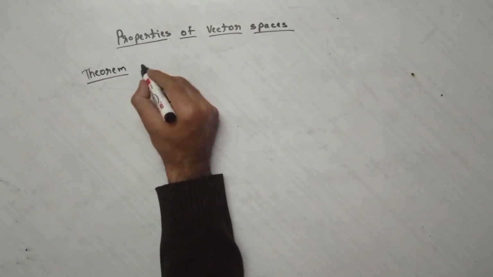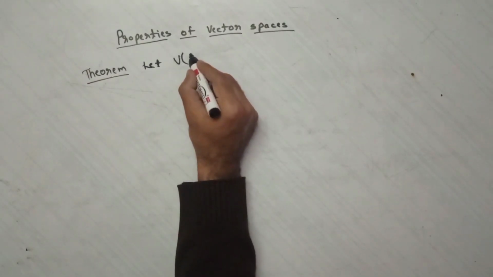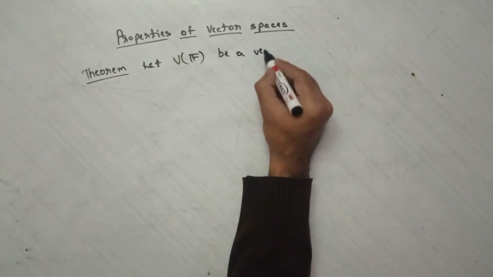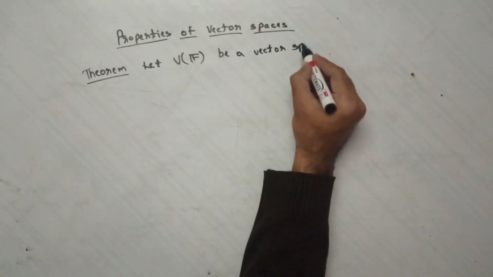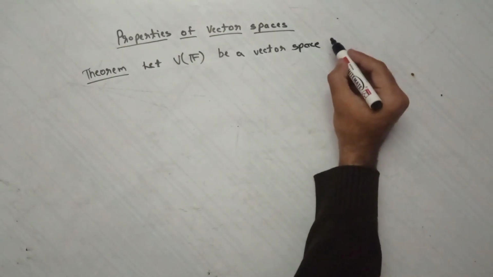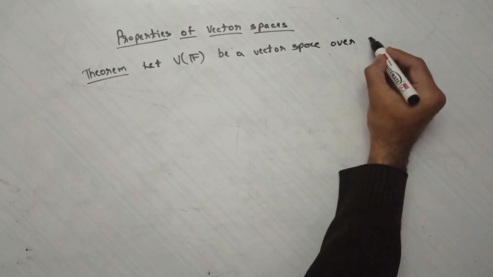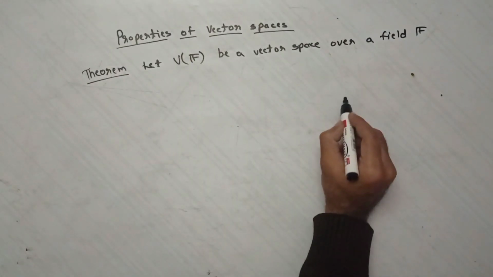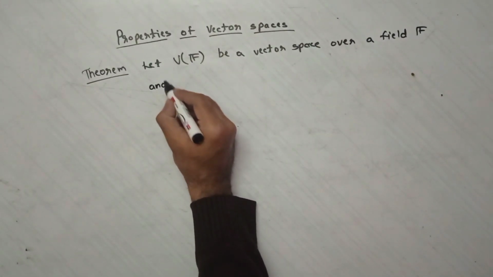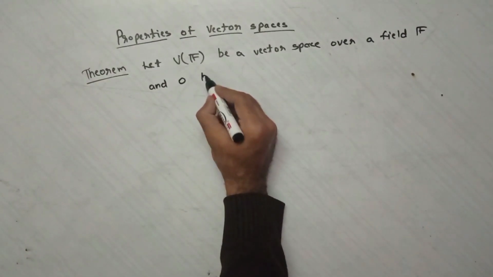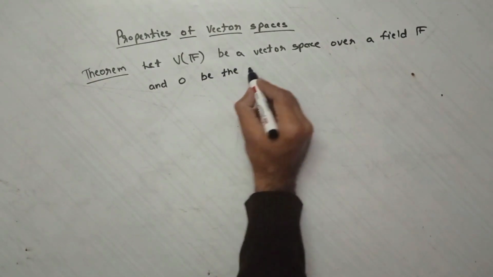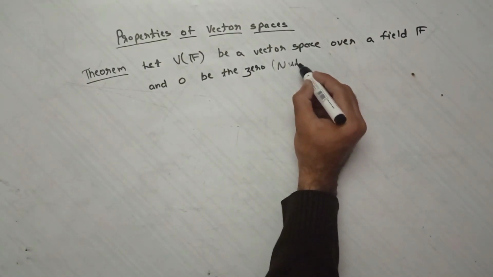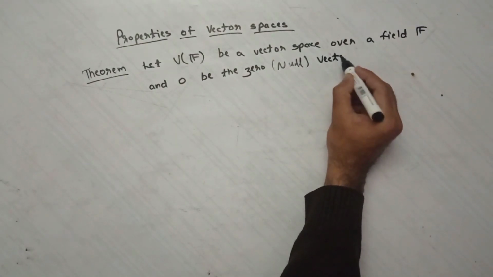Let V over F be a vector space over a field F, and 0_V the zero or null vector.